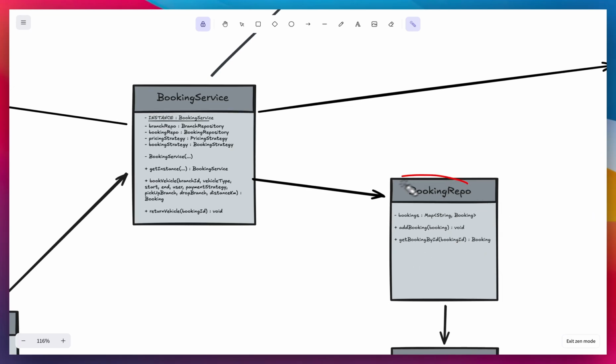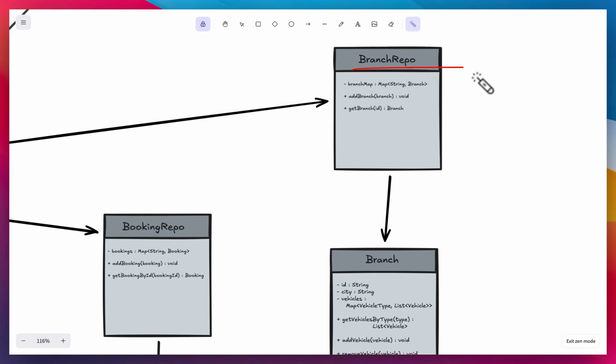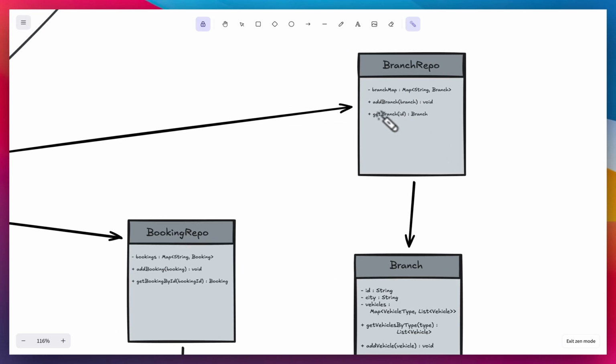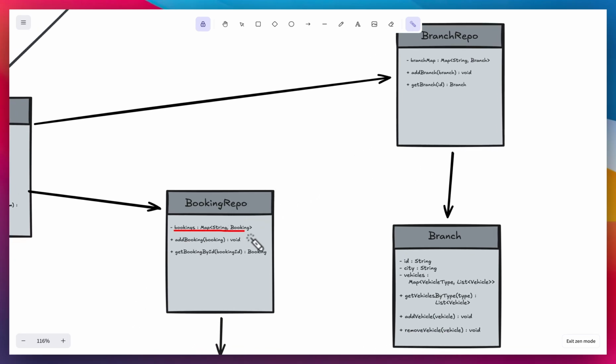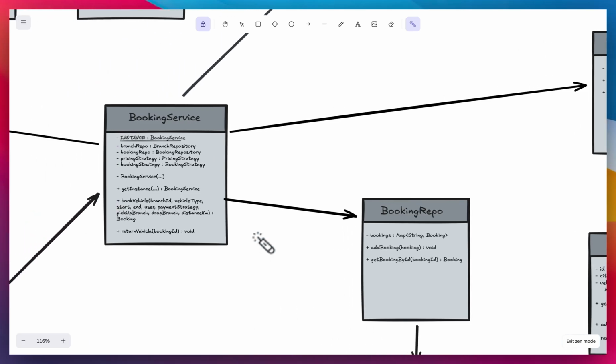And the object of this repository layer is present over here. So this is the booking repo object, and we also have the branch repo object. Again, it would have the CRUD operations like add branch, get branch, and it would store the branches in the hash map, wherein this is the branch object and this is the ID in order to access that branch. Same thing is present in the booking repo as well.